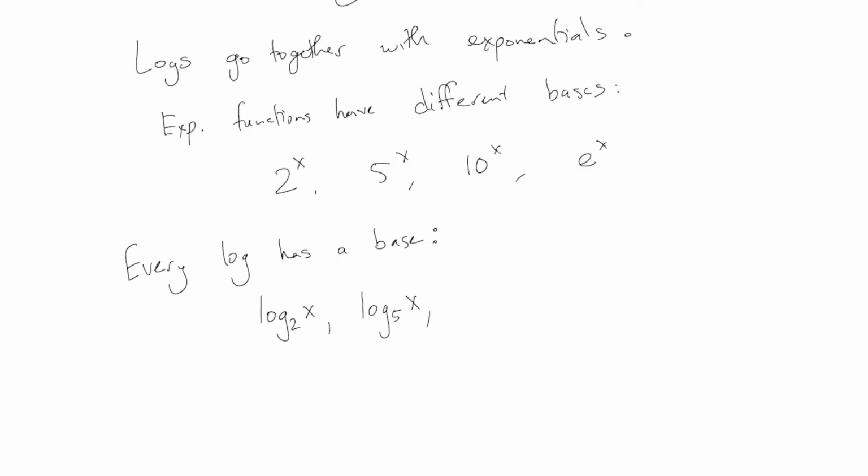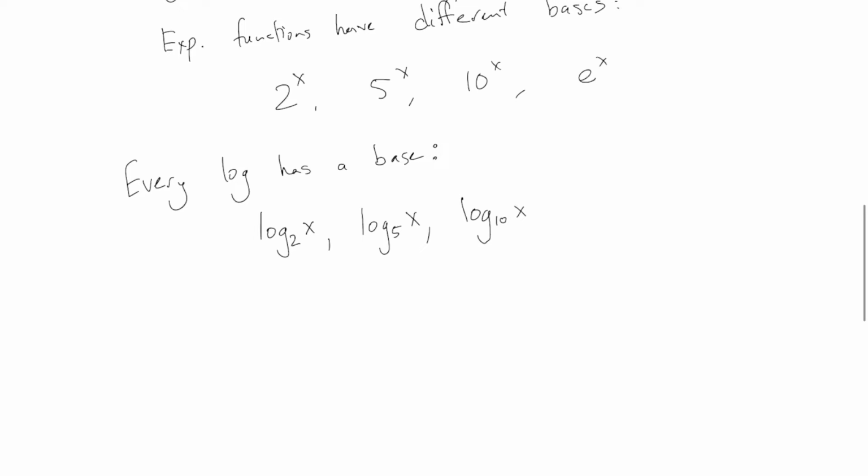10 to the x goes with the log base 10 of x. Actually, the log base 10, for historical reasons, has a special name. This is referred to as the common log, and it has a special way of writing it. It's written as just log, without a little number written.